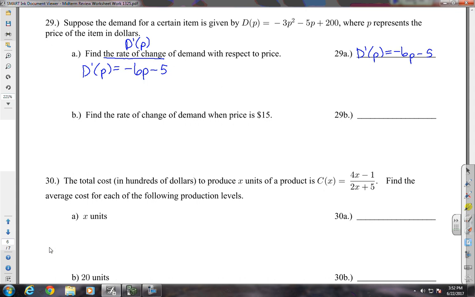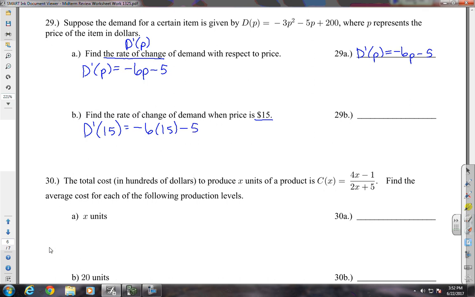So far, so good? Part B says, find the rate of change of demand when price is 15. Now, we've already calculated the rate of change function. That was D prime of P in Part A. Now we need D prime of 15. So we simply plug 15 in for P and evaluate.